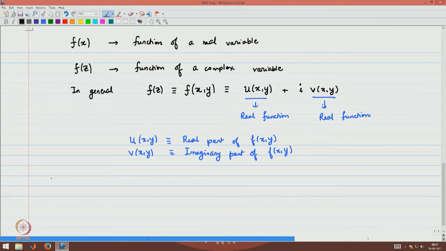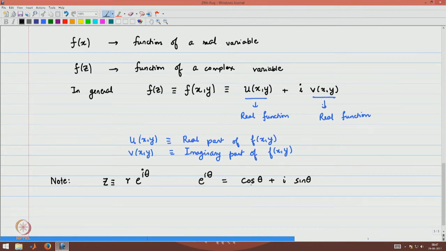So, note, z is equivalent to r e to the I theta, where e to the I theta I will first write as cosine theta plus I sin theta.